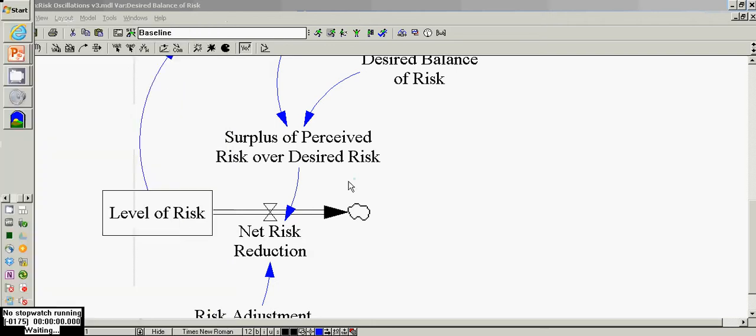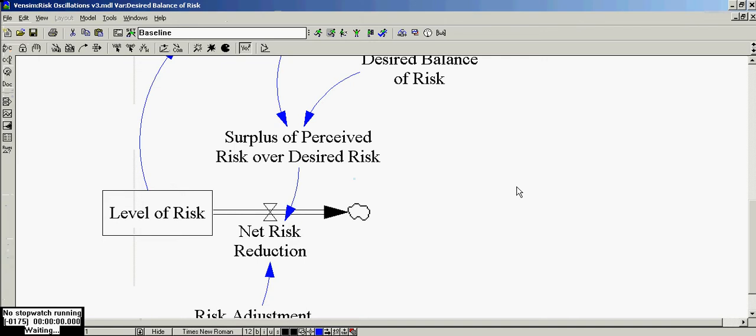Okay. Incidentally, this is Vensim, which is another popular system dynamics package, which in previous years I've covered, but this year we're sticking purely with AnyLogic. I'll try to make this full screen here.